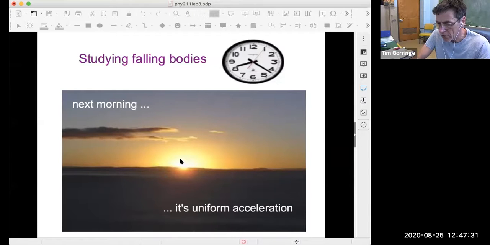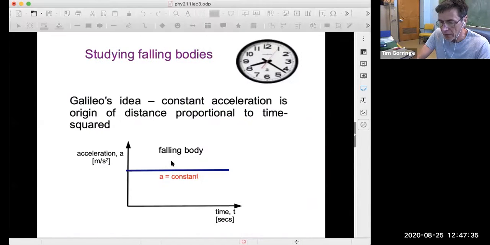So I want to explain to you how that works. And so here's a graphical picture of Galileo's idea that the body falls with constant acceleration. If you look down on this graph, let me get my pen working.